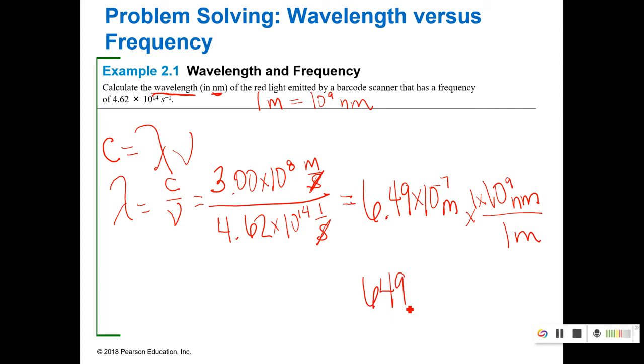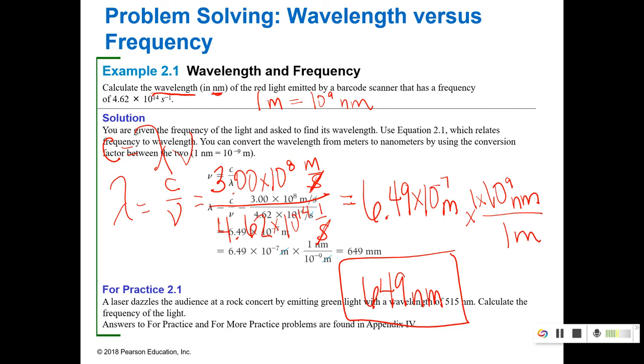And so I get 649 nanometers. Most light waves are going to be in the hundreds of nanometers. And the ones that we specifically can see are going to be between about 400 and 750 or so. Okay, that's just a little tidbit of information.